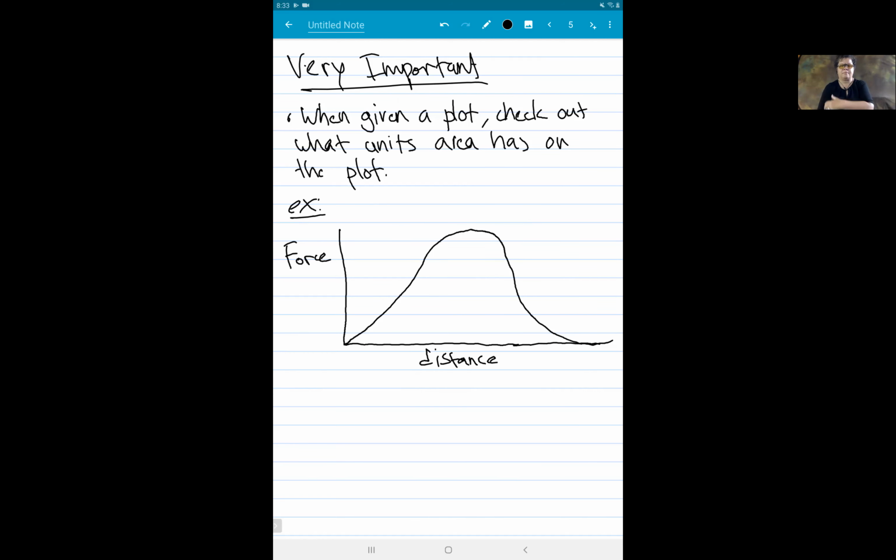Who cares what it is, right? The thing I want to point out here is, given some random plot like this, you want to check out what the slope means. So what to do: check slope units. Check area units.